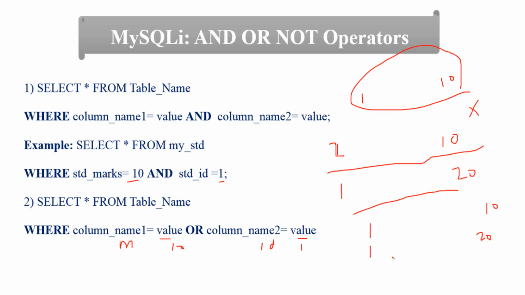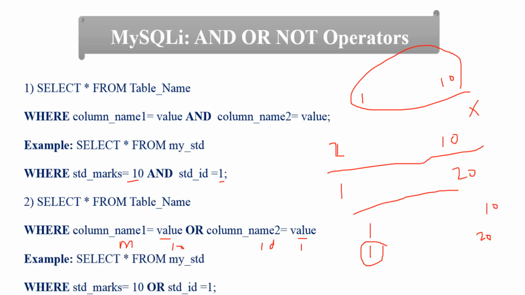It also retrieves this data from the database, because on the basis of 1 it will retrieve the record from the table. So the OR operator means that if any one is true, it will retrieve data from the database. But in case of AND, if both are true, then data will be retrieved from the database. Same example: std marks equal to 10, std id is 1. If any one is true, the result will be retrieved from the table and displayed to the user.